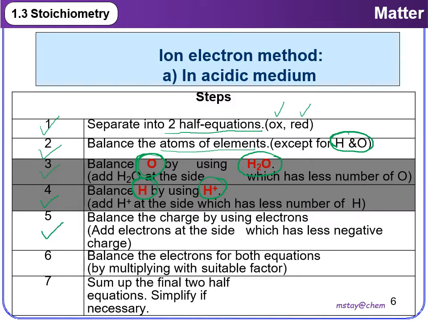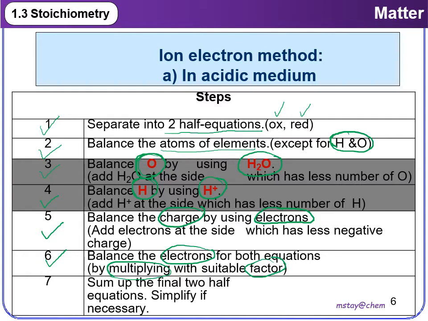Step number 5, balance the charge by adding electrons. Number 6, balance the electrons by multiplying with a suitable factor.